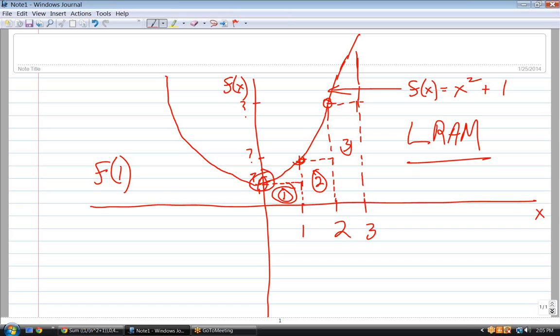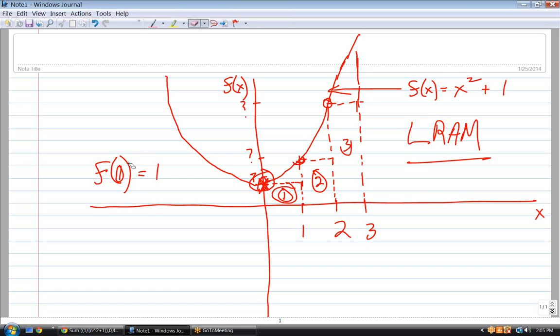The height of the rectangle is not y, it's not f of x, it's f of 0. In other words, this point right here is f of 0, which happens to be equal to 1. When I plug 0 into the function, I get 1. So the area of this rectangle is 1.